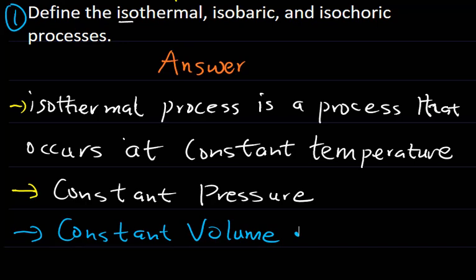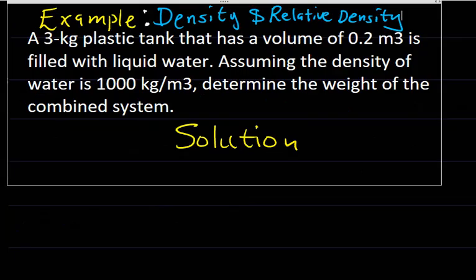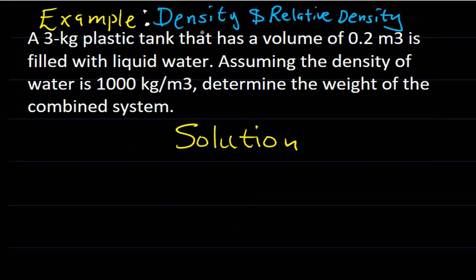Now let's look at this particular question, which is based on density and relative density. The question goes this way: a 3 kg plastic tank that has a volume of 0.2 meters cube is filled with liquid water. Assuming the density of the water is 1000 kilogram per meters cube, determine the weight of the combined system.